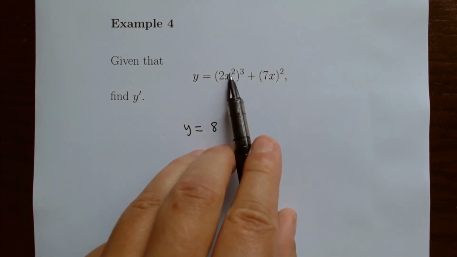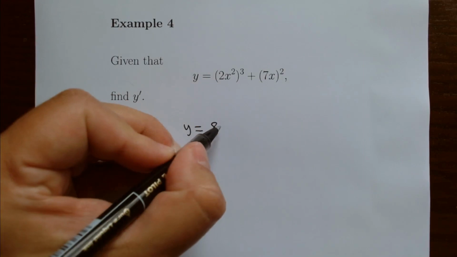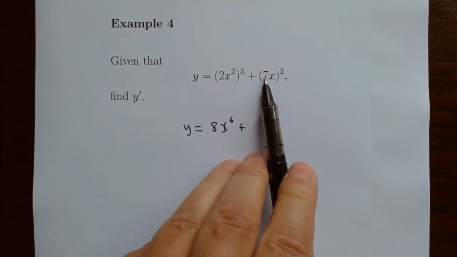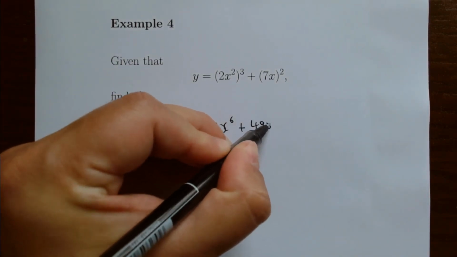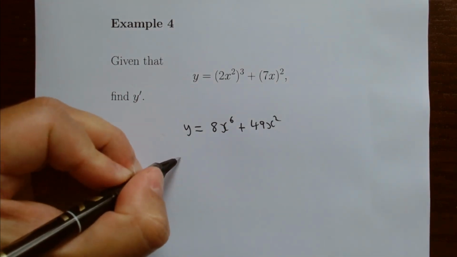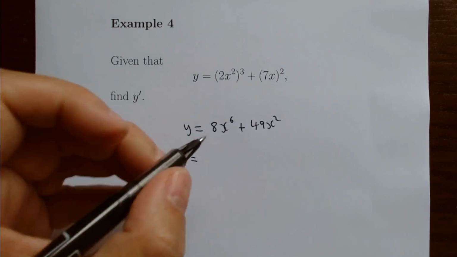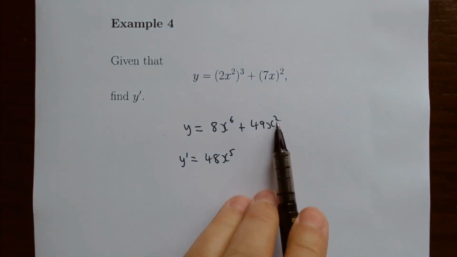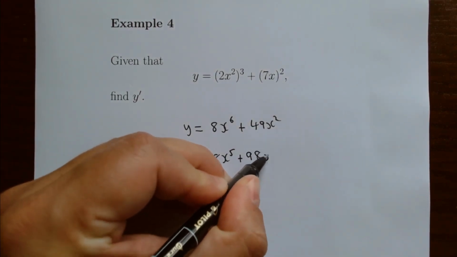And then the 3 must cube the x squared, so you multiply the powers, so that gives you x to the 6. And here we need to square the 7 and the x. So we have 49x squared. And now we can differentiate. So y dash, 6 multiplies the 8, 48, x to the 5. The 2 multiplies the 49, 98x.